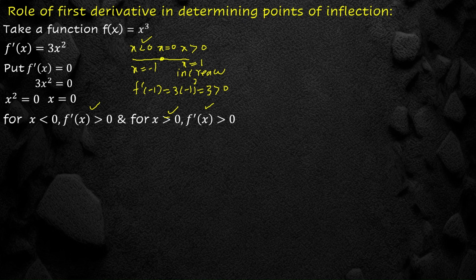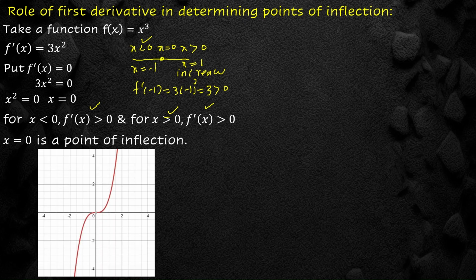So according to the first derivative test, x is equal to 0 is a point of inflection. This point of inflection has been found by using only the first derivative. Let's check its graph.